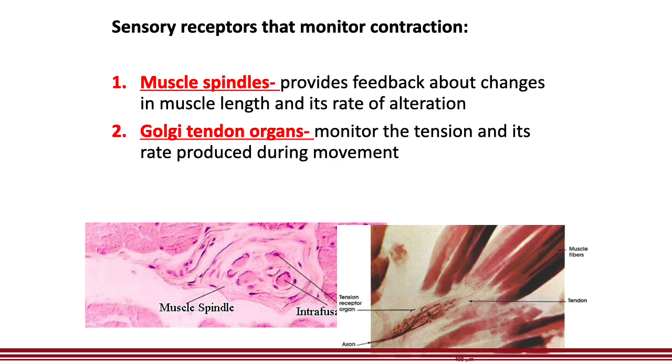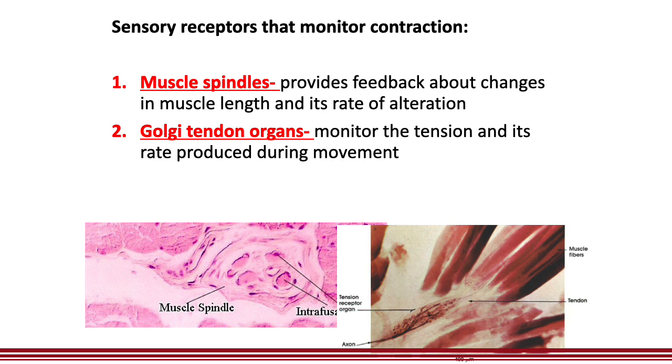They are integrated with signals from other sensory receptors such as the Golgi tendon organs, which monitor changes in muscle tension caused by contraction, and joint receptors, which monitor changes in joint position and movement. Okay, so together these sensory receptors provide important feedback to the central nervous system about the position and movement of the body, allowing for precise control of muscle contraction and movement.